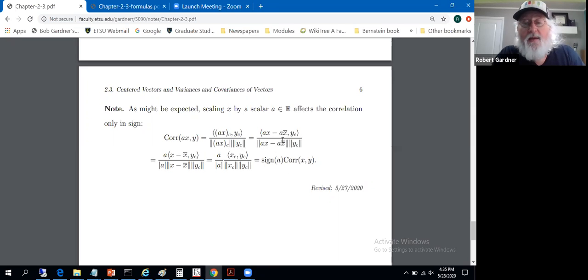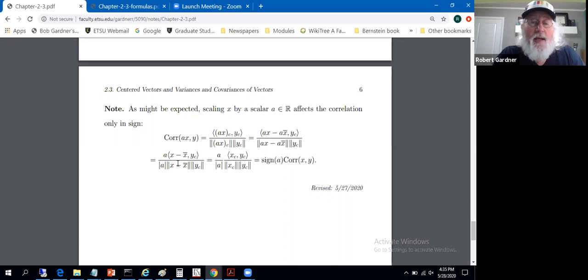We've got a common multiple of a here. We could bring that out front. Linearity of the inner product. We're getting lots of mileage out of linearity of the inner product. In the denominator, we can also bring an a outside of this norm. Remember, it comes outside of the norm as an absolute value, though. So we can have absolute value of a out there.